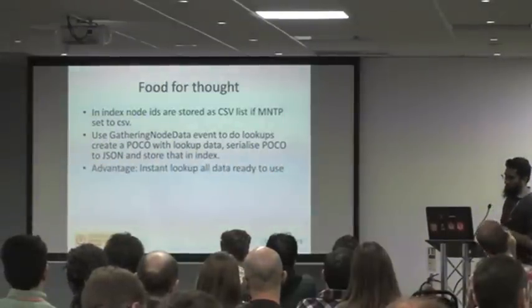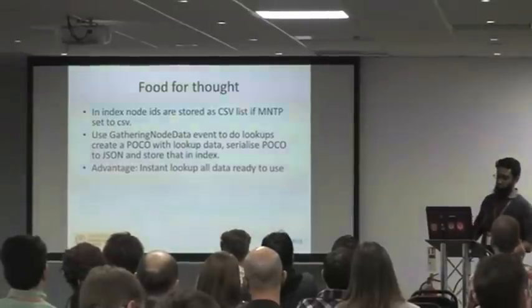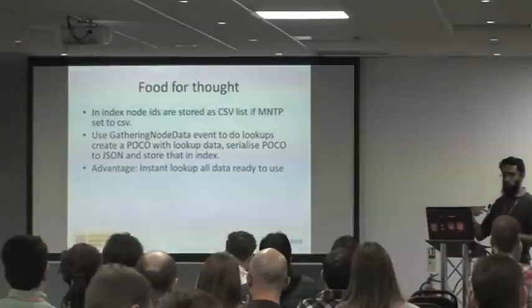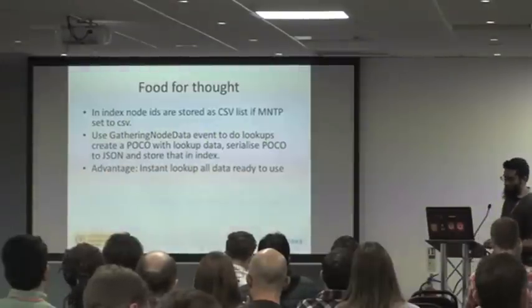So the advantage is that the lookup is instant. As soon as I've got the actual product, I can just look in the index and pull back all the related data and load that up.